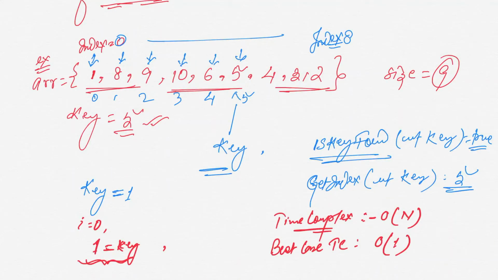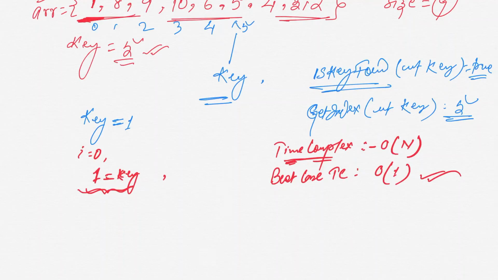When the key is 1, we start the iteration, and in the first iteration itself we find the key. So in the best case our time complexity is big O of 1, and the worst case time complexity would be O of n.